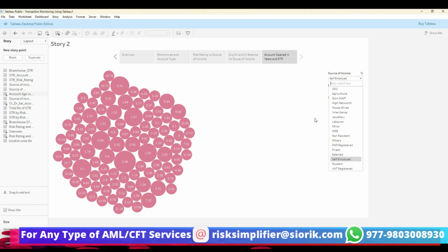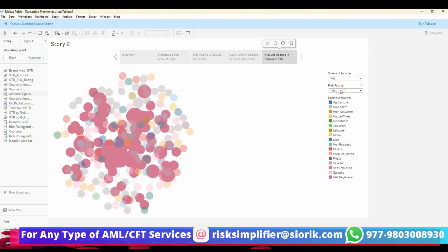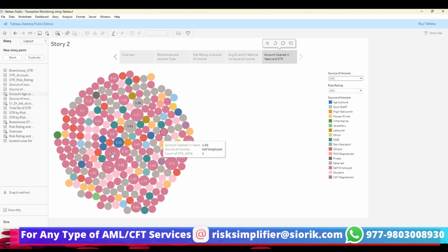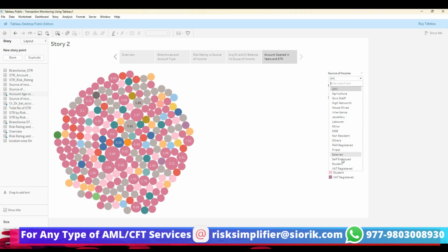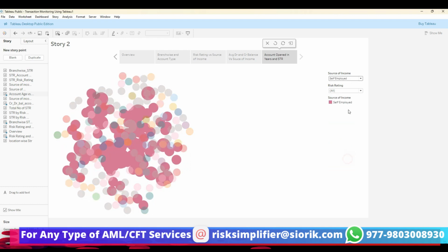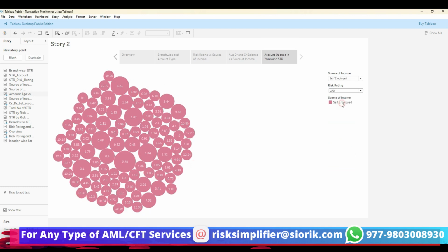First we'll select this risk rating, okay, and if we click on the self-employed, or let's say all, okay, now you can see all different sources of income here. So now let's select self-employed, and for risk rating, let's select low.